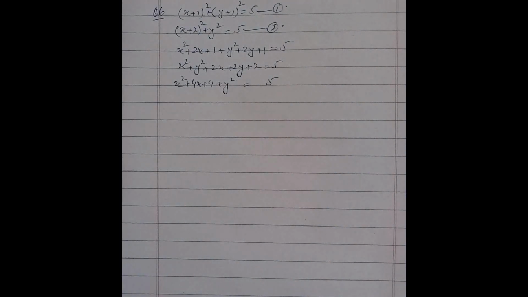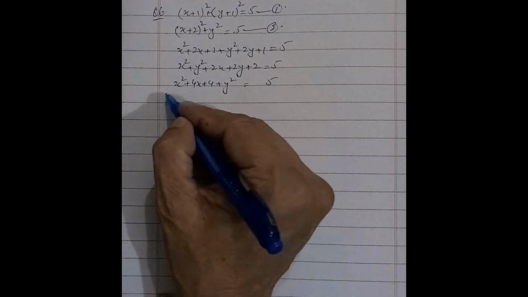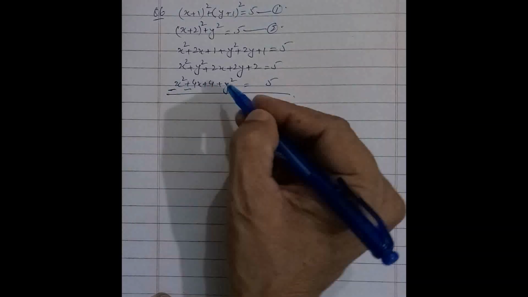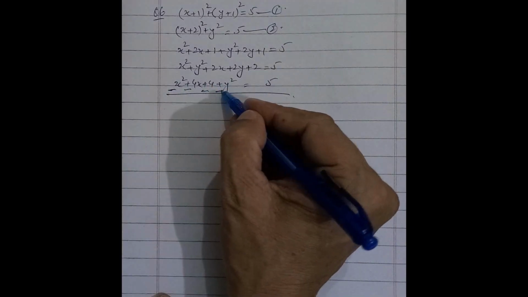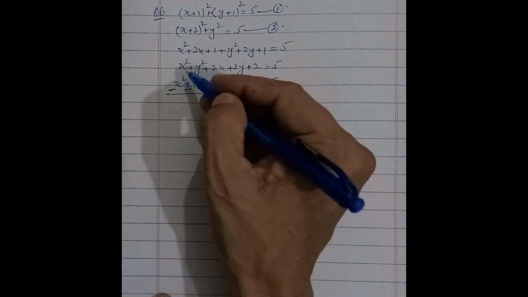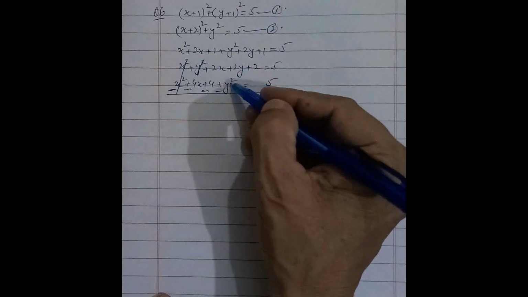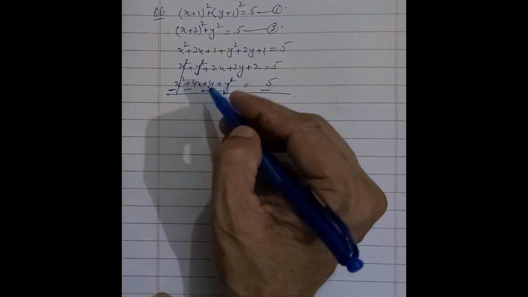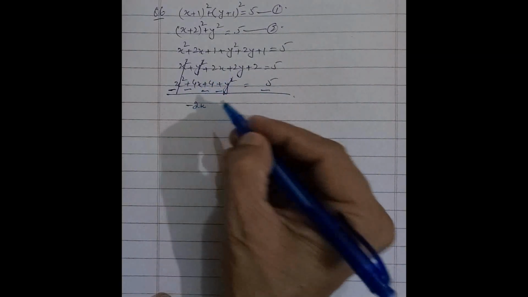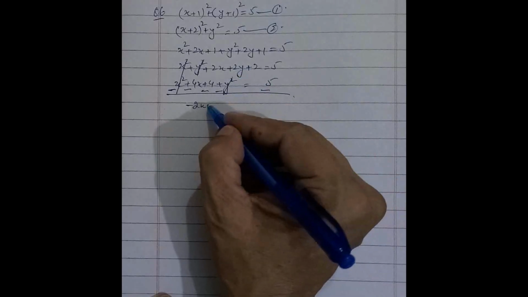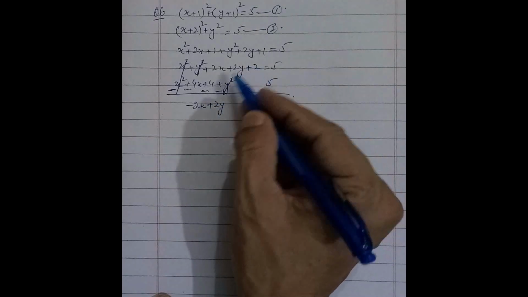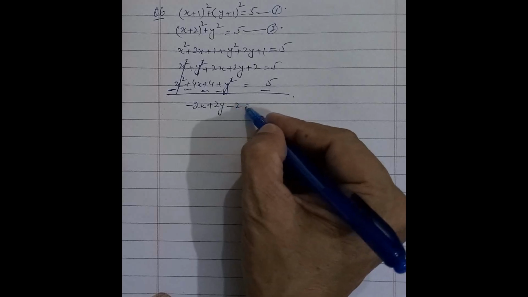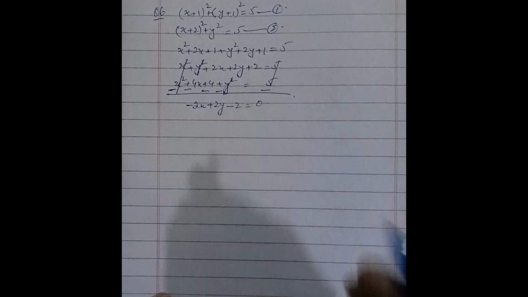Now we subtract these two equations: minus, minus, minus and minus. x cancels with x, y cancels with y, and the remaining values are 2x minus 4x, we get minus 2x, 2y, and 2 minus 4, we get minus 2 is equal to 0.